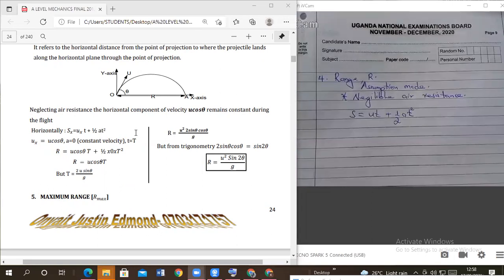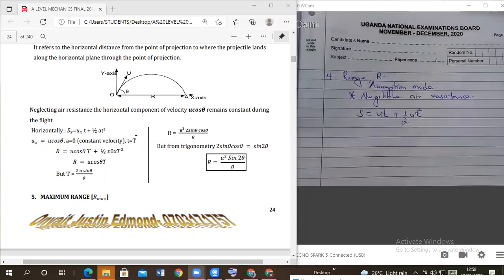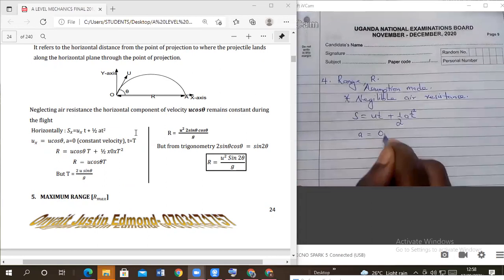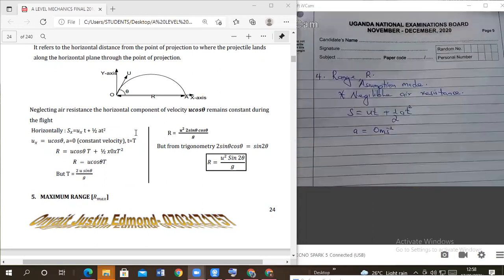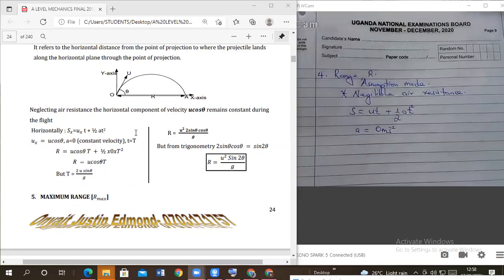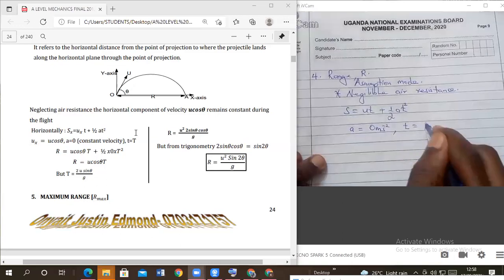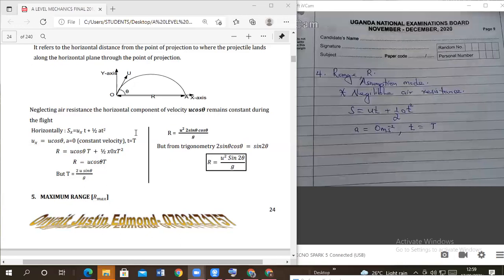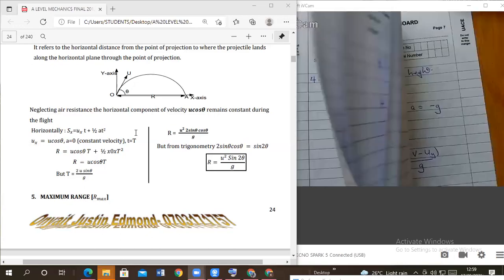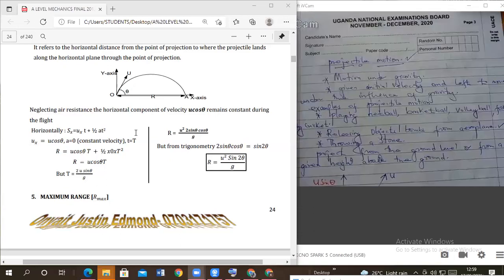Remember, this is horizontal motion, so acceleration will be equal to 0 meters per second squared. Since we are describing the whole path, that time T will be the time of flight, because we are describing the whole motion from here up to here.